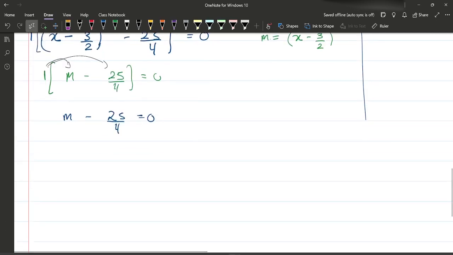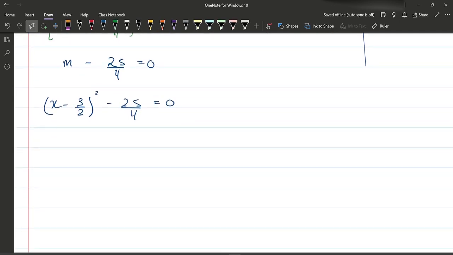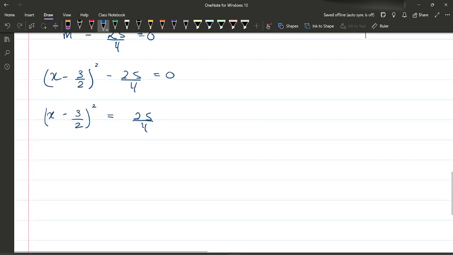Now let's bring back our m because we still need it. x minus 3 over 2, squared, minus 25 over 4 is equal to 0. From here on out, all you can do is solve for x. Let's solve for x. x minus 3 over 2 squared is equal to 25 over 4. Okay, now let me square root both sides.